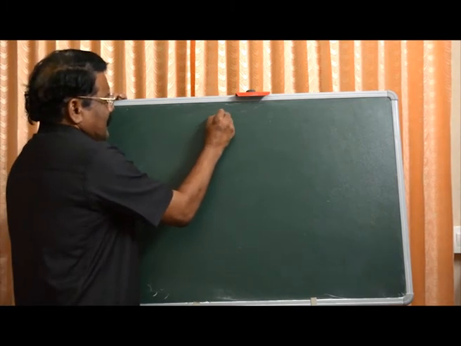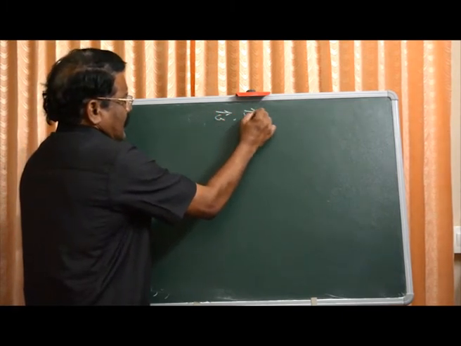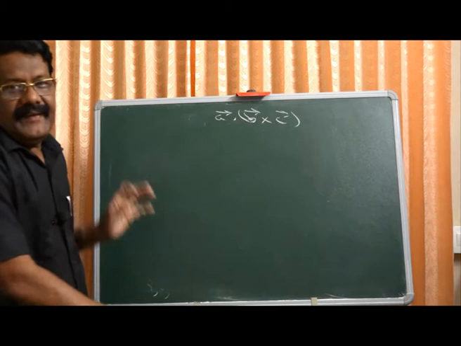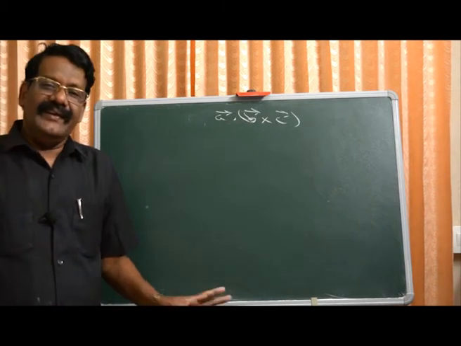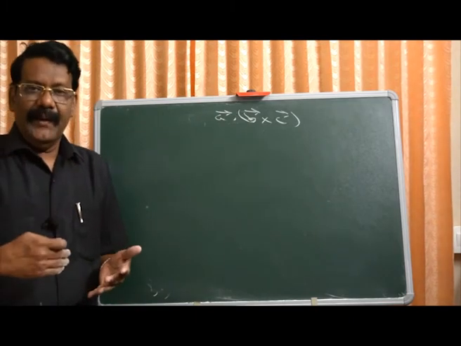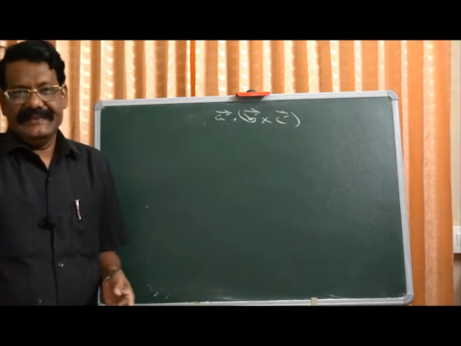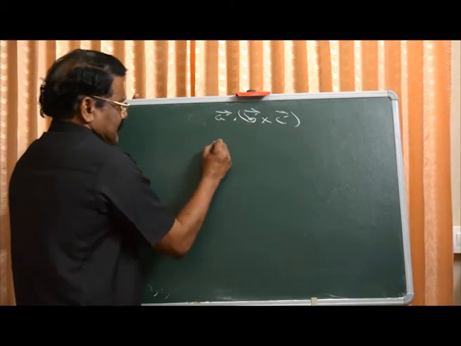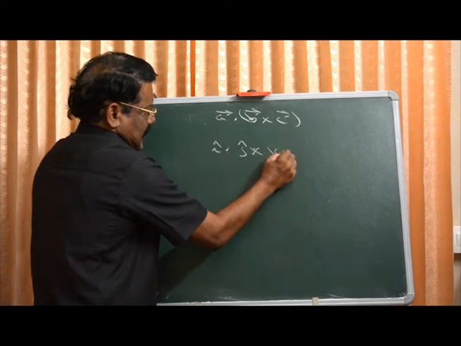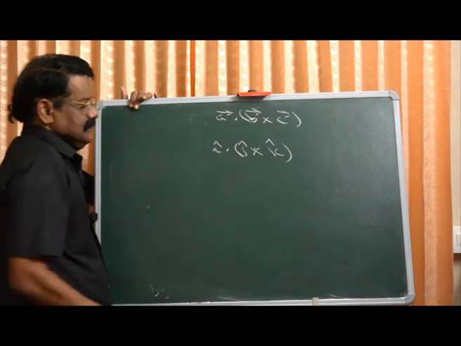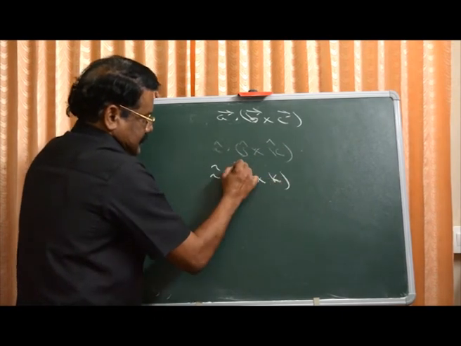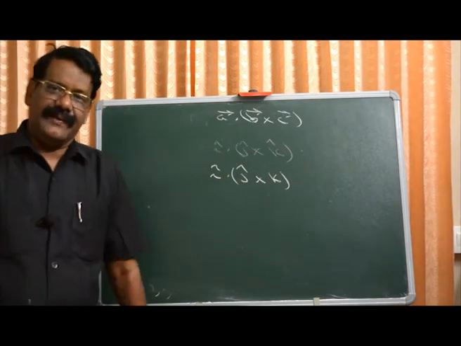You might have heard of A dot B cross C. We all know that this is nothing but the volume of a parallelepiped having sides A, B and C. Suppose I am representing i dot j cross k.